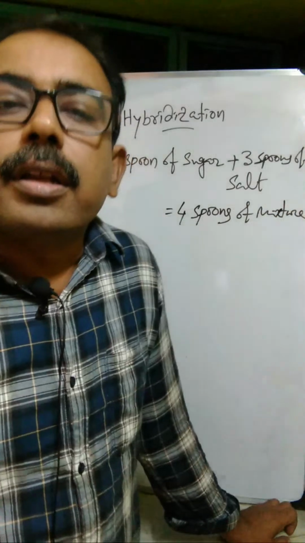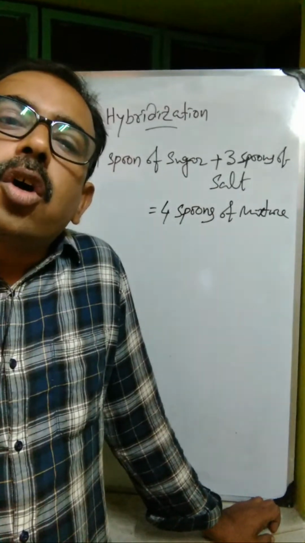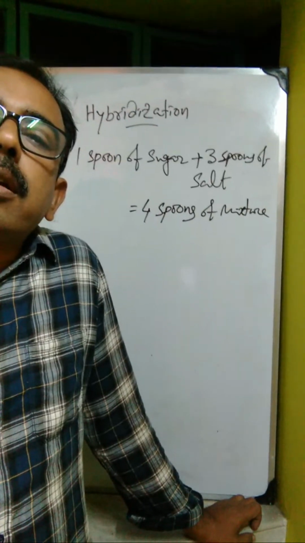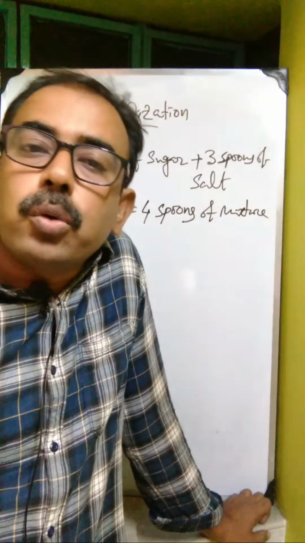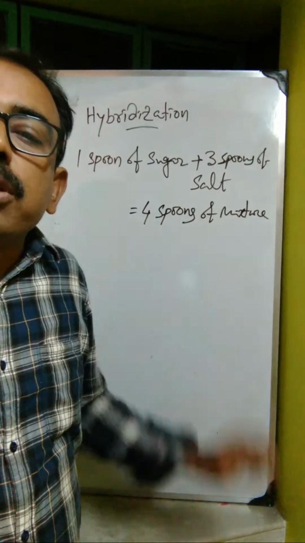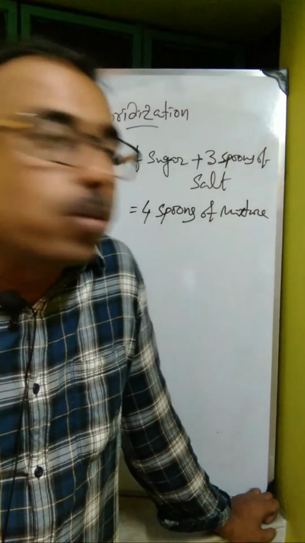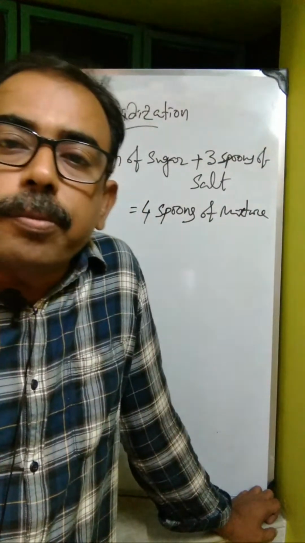If the mixing is homogeneous, equal in every part, then what will be the ratio in each spoon of this mixture? There must be 1 part of sugar and 3 parts of salt.